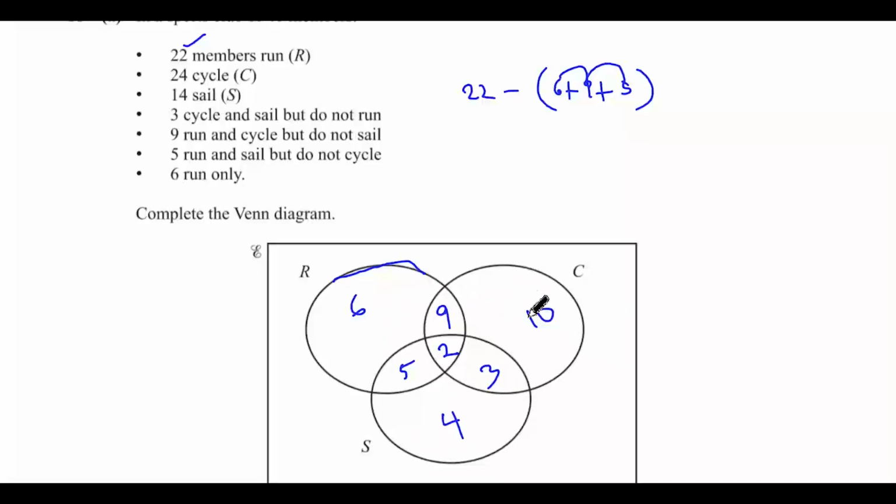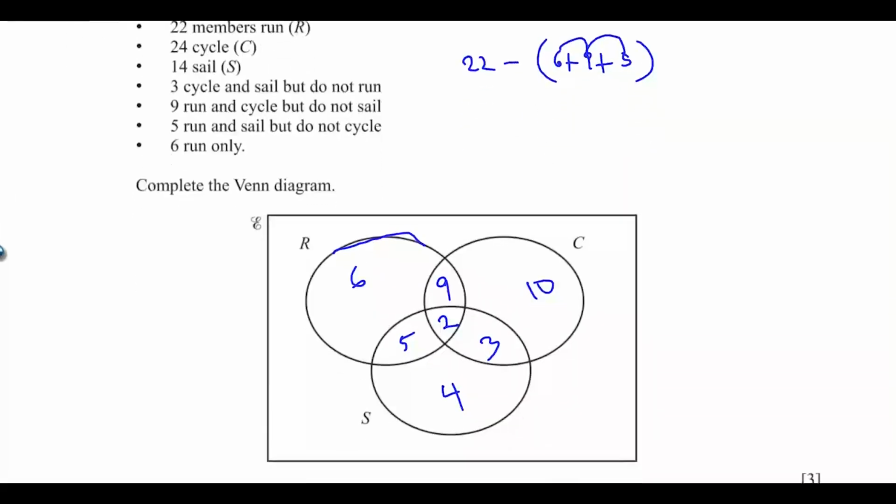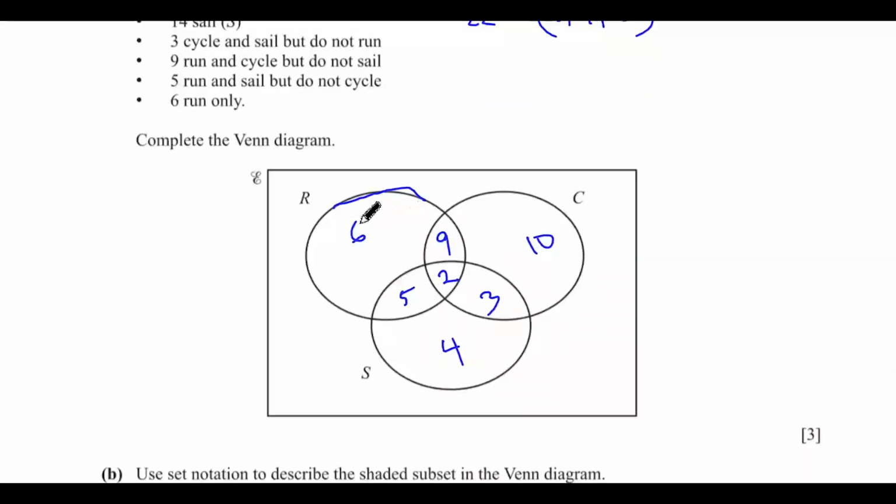If you add all these numbers together, you need to check. It will give you 39. Let's start with run only: 6 add 10 is 16, add 4 is 20. Then the other ones: 5 add 3 is 8, 8 add 9 is 17.